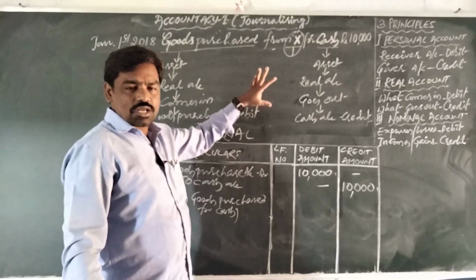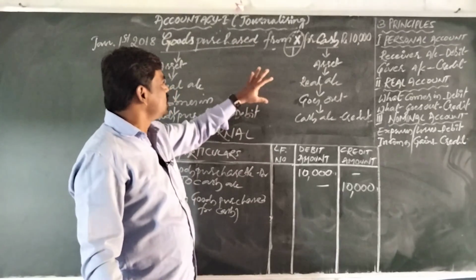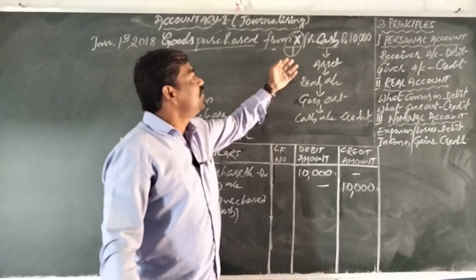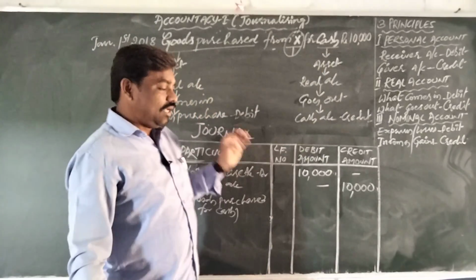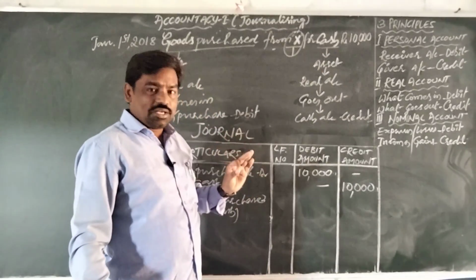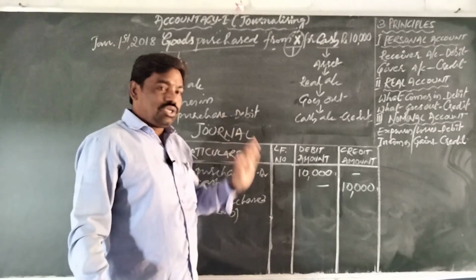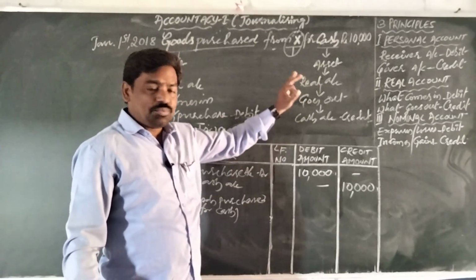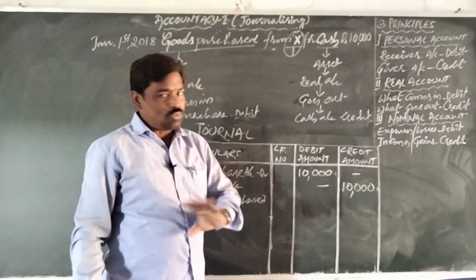In a credit transaction, generally we won't see the word cash, then we consider the name of a person. In credit purchases, we give importance to the name of the person. In a cash transaction, we give importance to cash. Keep this point in your mind.